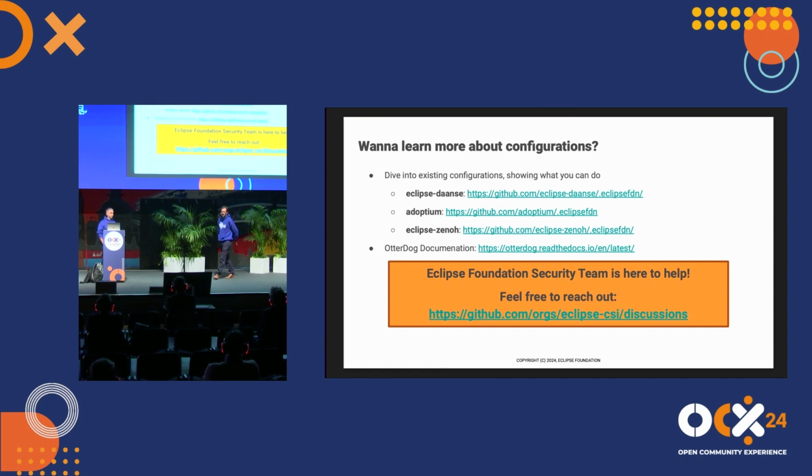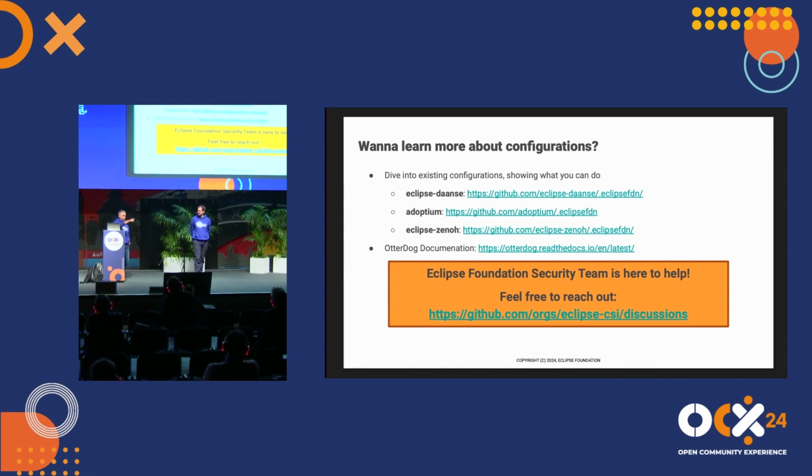Another thing that I wanted to share with you is some really good examples of projects that already use the self-service to a great extent. The Eclipse Dancer project, for example, came up with a very clean configuration that is very consistent for all their repositories. And basically, you see with their configuration how easy it is to do with our approach.